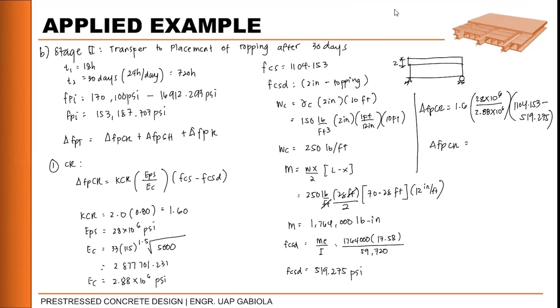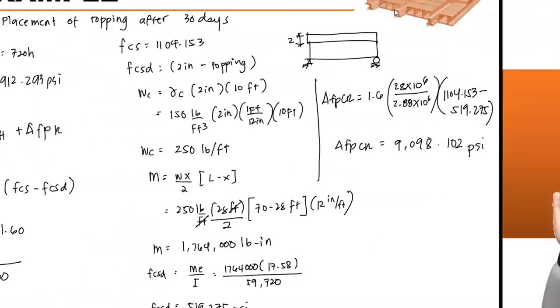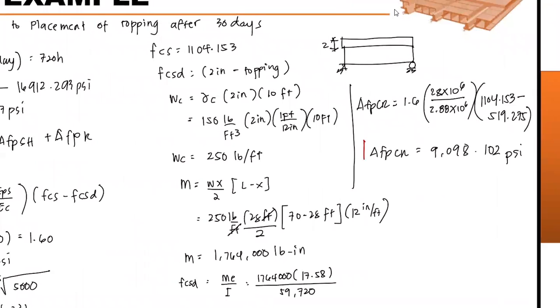Kulang ba sa equation natin for a while? Yes, times 10 to the 6 dapat yung 28. So may makakalculate tayong value na 9,098.102 PSI. Okay, this will be our loss due to creep.